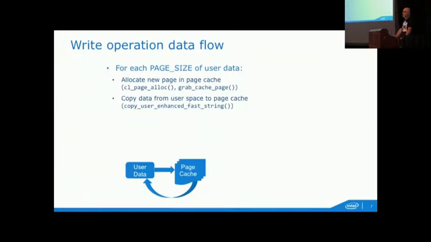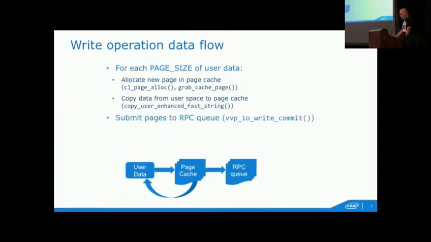Let's try to analyze what happens inside the Lustre client when the user calls the write operation. The whole buffer of user data is split by page size, and for each page we allocate a new page in the kernel page cache, then copy the data from user space to this newly allocated page, and then submit this page into the RPC queue.